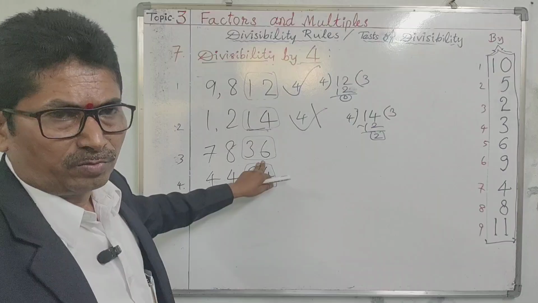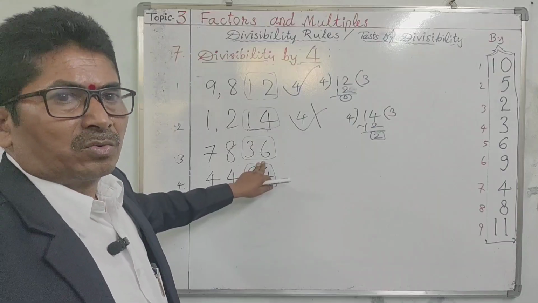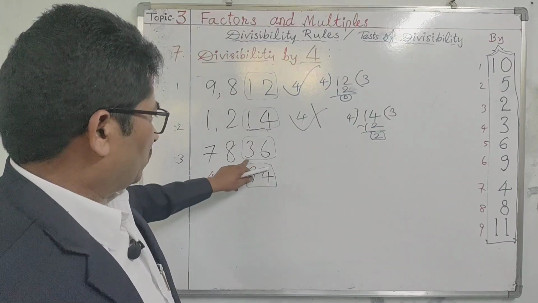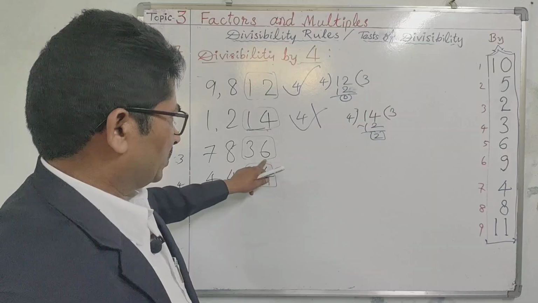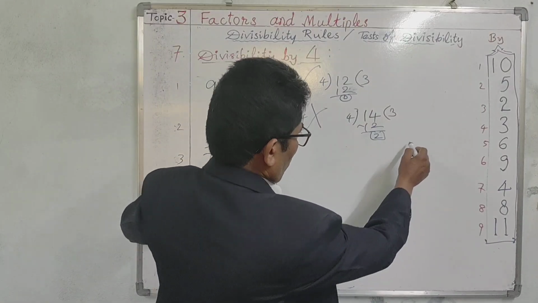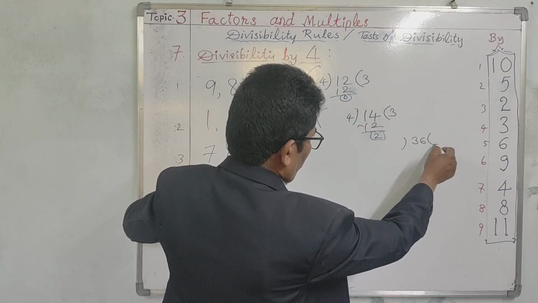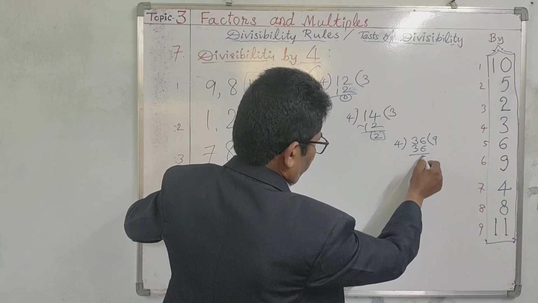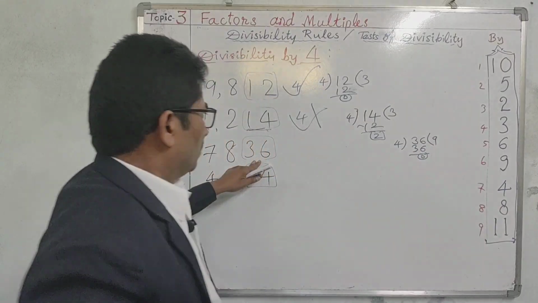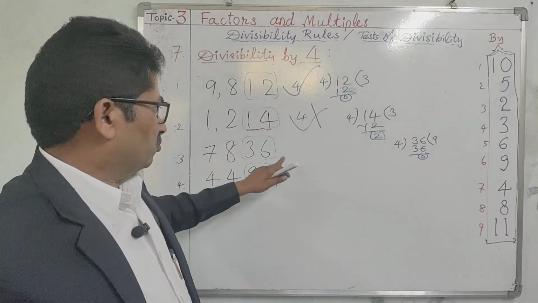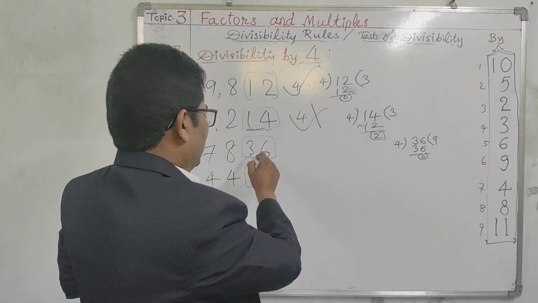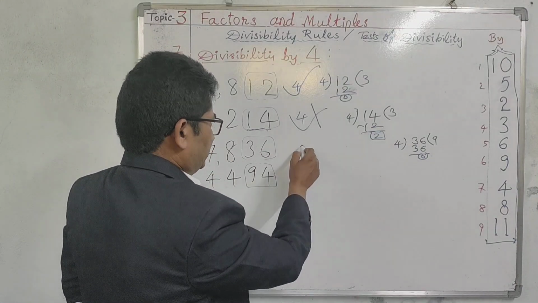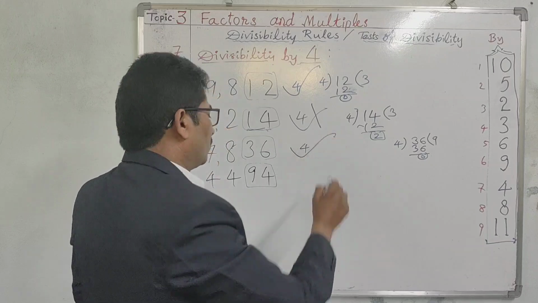7836, is this divisible by 4? To answer, we have to test the last two digits, 36. 4 nines are 36. So 36 is exactly divisible by 4. That's why 7836 is also exactly divisible by 4.